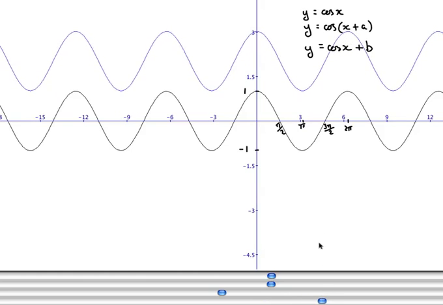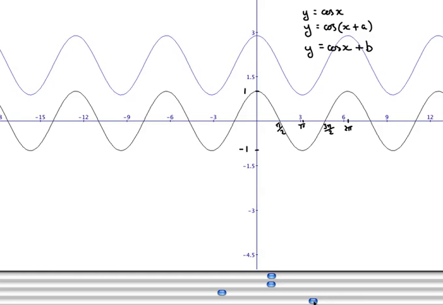And you can see when I'm adding 2 that the values that we used to have have now increased by 2. So where we used to have cosine of 0 being 1, when we add 2 we get 3. So the whole graph is shifted up 2 units. So adding a constant b at the end shifts the graph up. Let me just move this back down to 0.